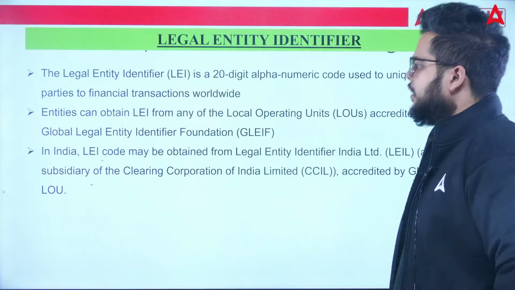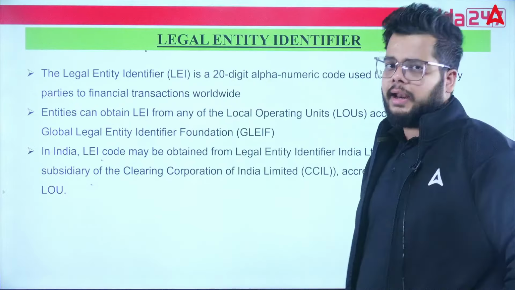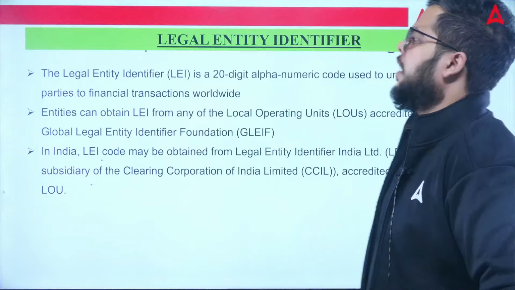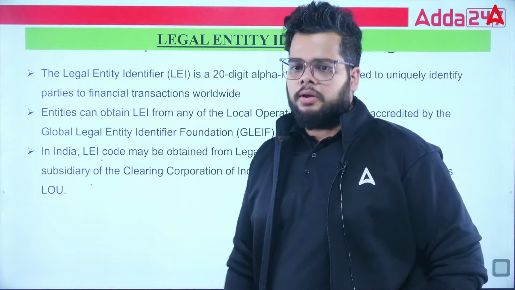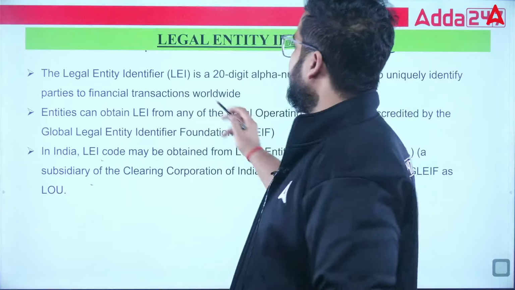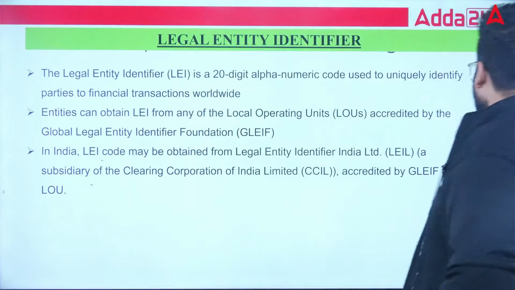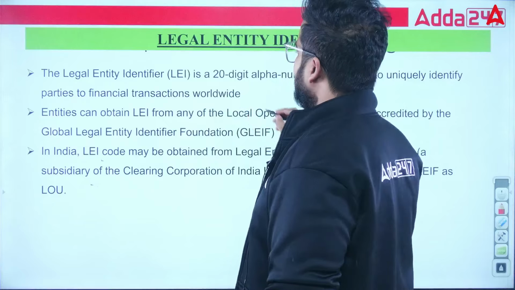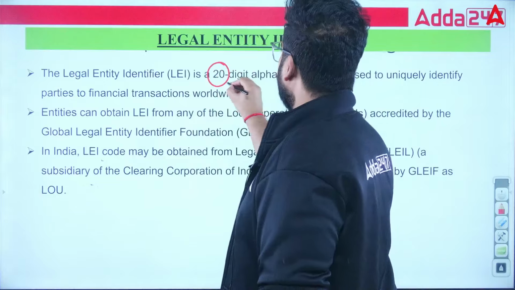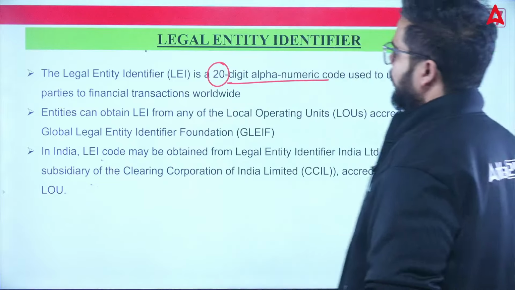LEI, simply stated, it is one of the identification techniques via which we identify the transactions happening across the globe. So legal entity identifier, 20-digit alphanumeric code used to uniquely identify parties to financial transactions worldwide. So 20-digit alphanumeric code that you should remember.